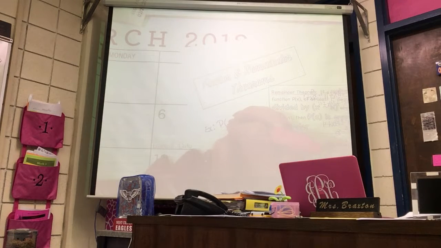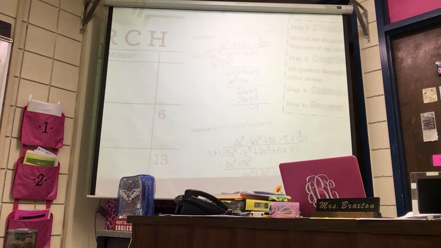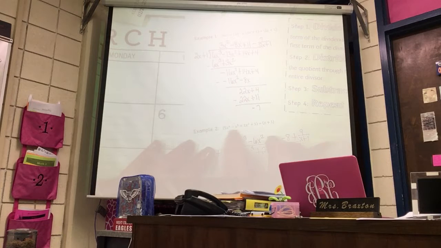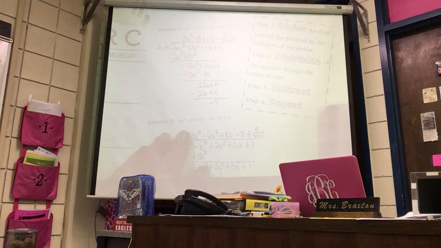So if I had p of negative 1, I want you to take negative 1 and substitute it for your x in this function right here. Every x. Every x. So you would have 5 times negative 1 to the 4th. Make sure you put your negative 1s in parentheses.